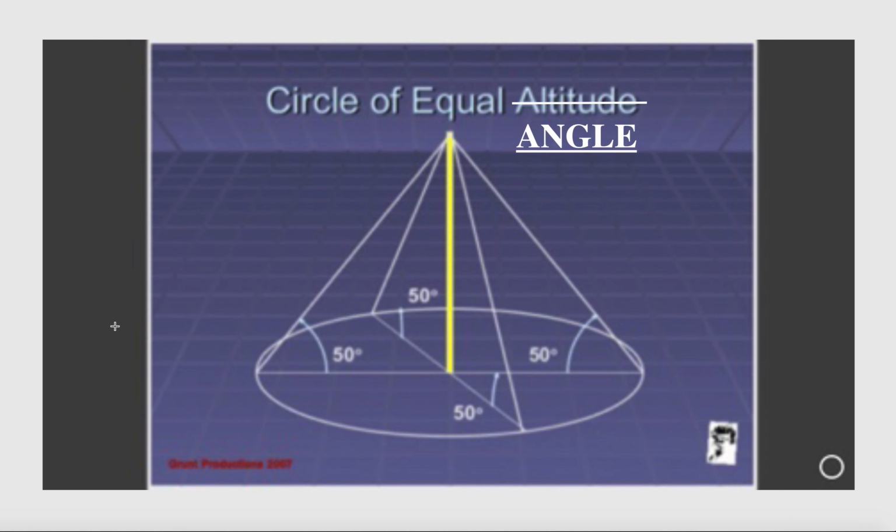So if you then make a circle out of this radius and diameter, you then have what they call a circle of equal altitude, but what I'm calling, not that I'm trying to rename it, just for ease of understanding, a circle of equal angle, because from the outside of that circle, the circumference of that circle, to whatever star or celestial body is being referenced as its GP, the angle from the outside of that circle to that point will always be exactly the same.